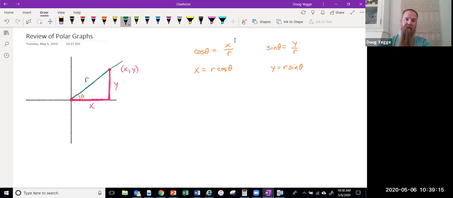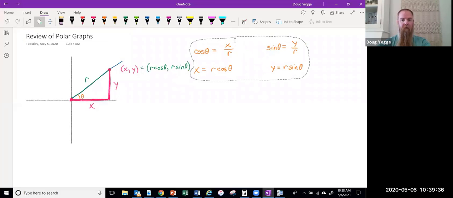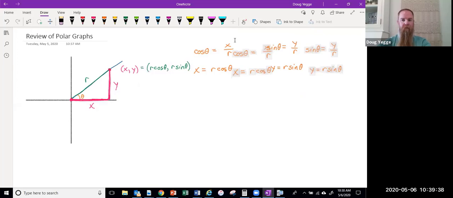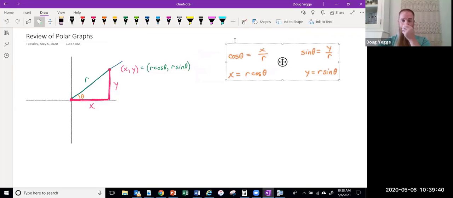Which now implies something really important about our graph. That point (x, y) can actually be represented parametrically with x equals r cosine theta and y equals r sine theta. Well, that's a really big deal.